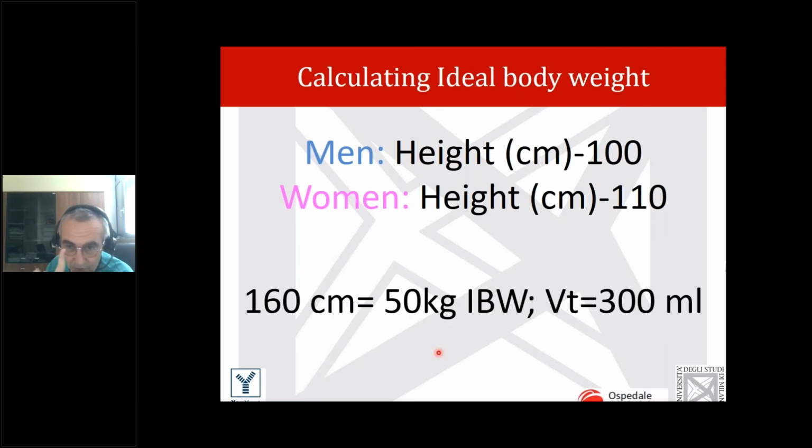Now I want you to concentrate on something. Let's assume I have a normal Italian woman, 160 centimeters tall, so an ideal body weight of 50 kilograms. So my target tidal volume would be around 300 ml.